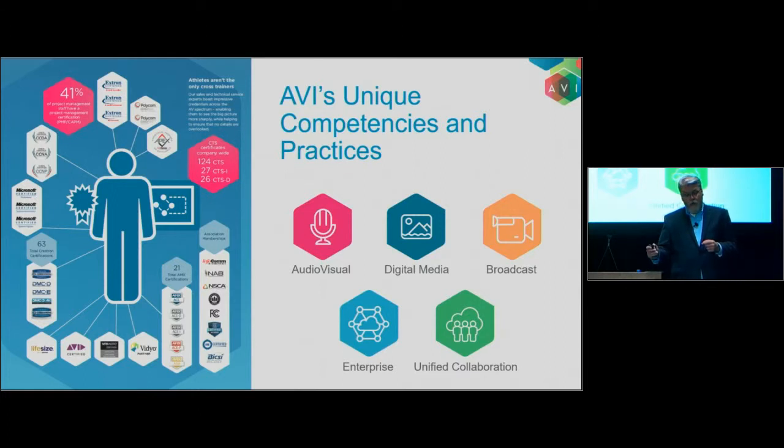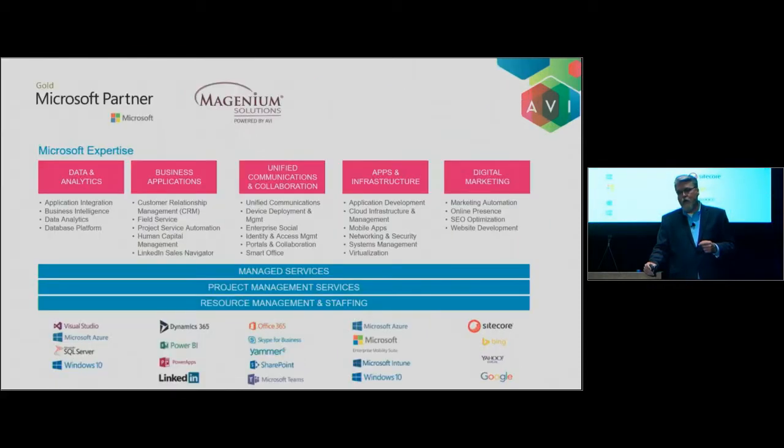There is one more resource, an important one here when we're talking about unified communication, and that's the Powered by AVI Magenium solutions. So again, Magenium's back with the rest of the practices, and they are a Gold Microsoft partner. They provide services and licenses across that entire Microsoft stack.